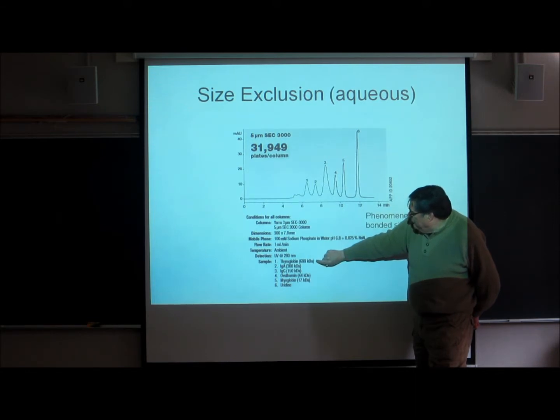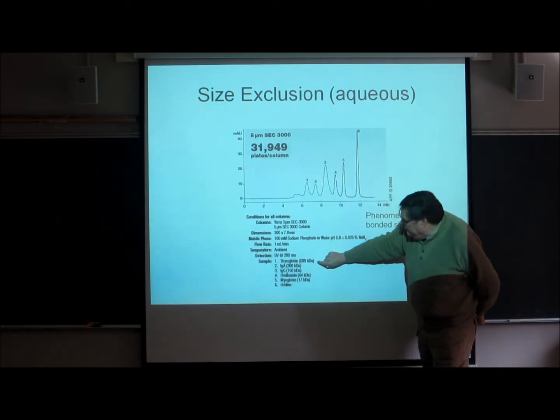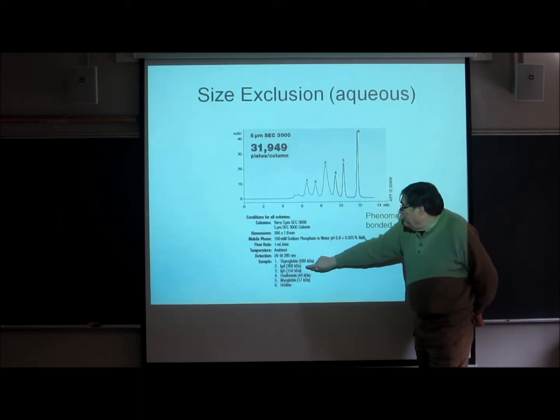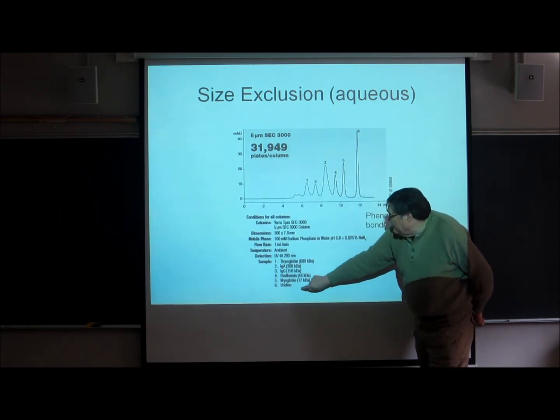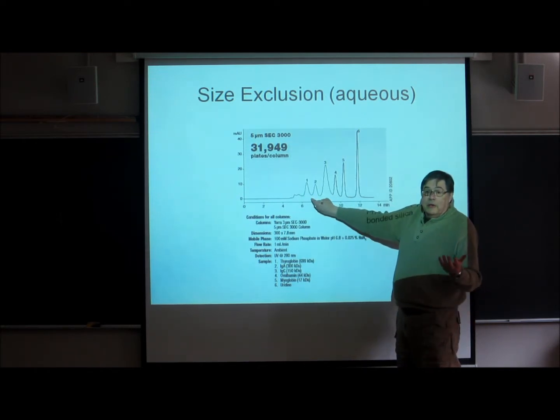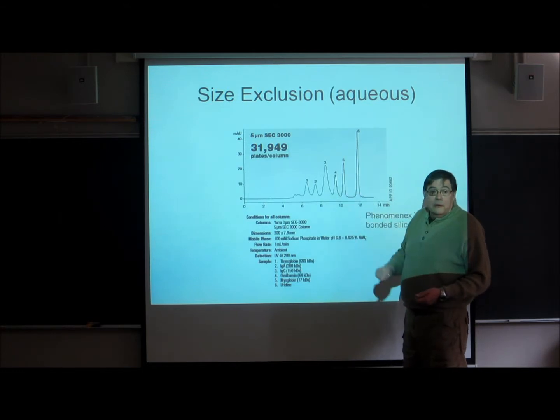Peak number 1 is a 699,000 molecular weight protein, and peak number 2 is 300,000, and then 150,000, 14,000, 17,000. And then I don't know what that is, but again, the large molecular weights come out first. The small molecular weights come out last.